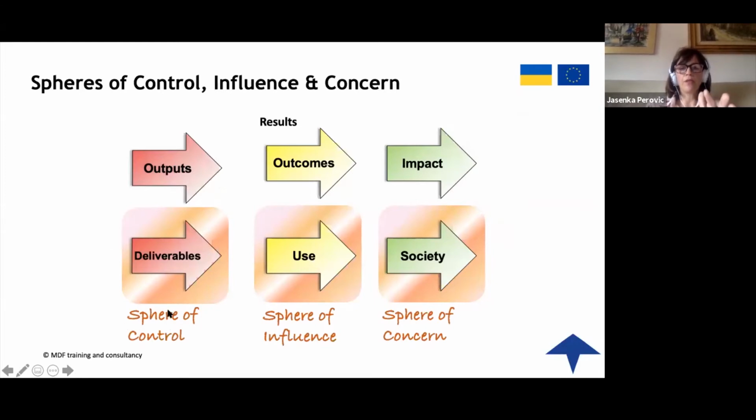The deliverables and the outputs are, I would say, synonyms. Outcomes are something that will be used because of your intervention, and this is your sphere of influence. This is where you really want to contribute to the change.